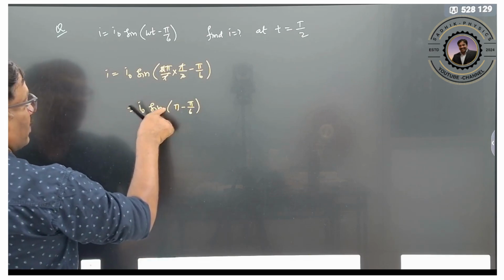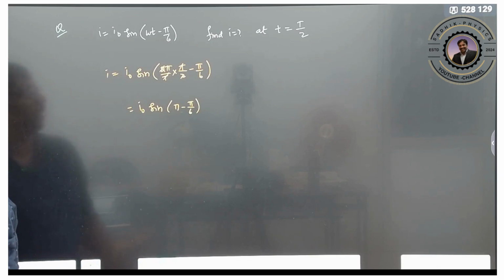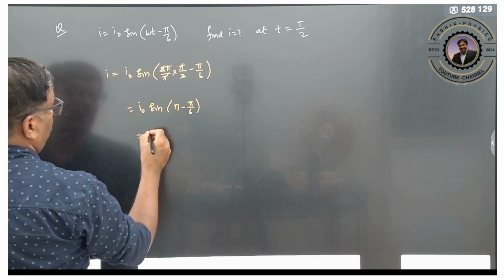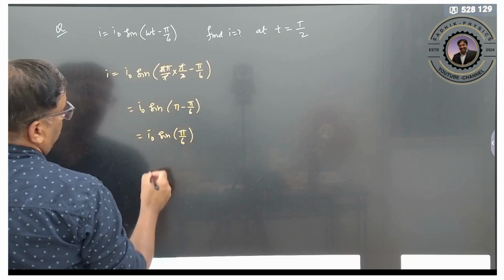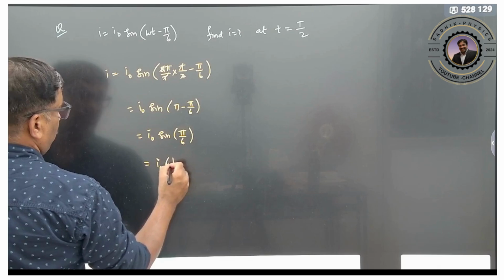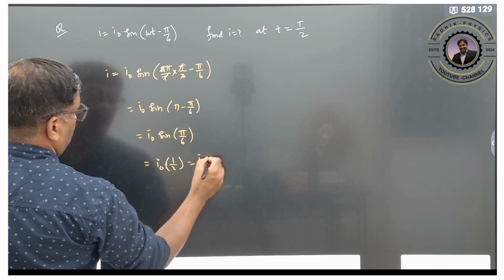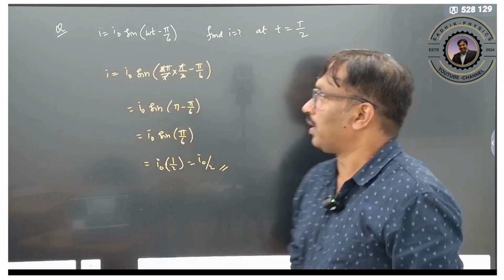Sine of 180 minus theta is nothing but sine theta. Therefore I naught into sine of pi by 6. Pi by 6 is 30, so I naught into 1 by 2. Therefore I naught by 2 will be your instantaneous value. Clear?